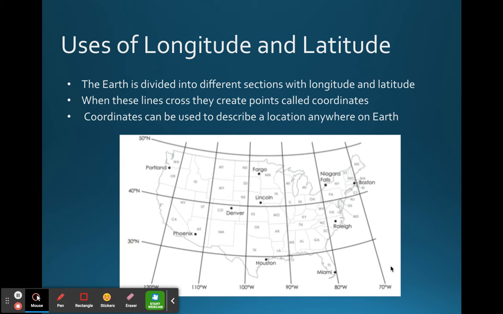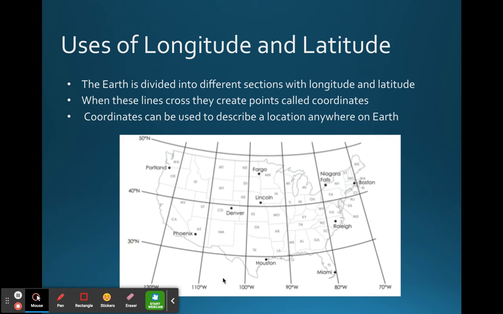So for example, if you look at this picture here, the lines of longitude are labeled on the bottom as 70 degrees west, 80 degrees west, 90 degrees west, etc. You'll notice that the United States is in the Western Hemisphere, so all of the longitude lines are labeled as west, because England is over here to the right and to our east, and that's where the prime meridian is.